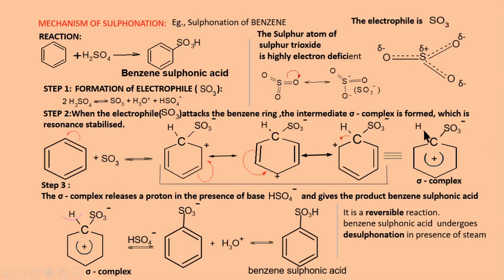Here when hydrogen is replaced by deuterium, the rate of the reaction is found to be slowed down. At the same time, the breaking of hydrogen as H plus is also involved in the rate determining step. So in previous cases we saw that only this is involved, but here this step is also involved.